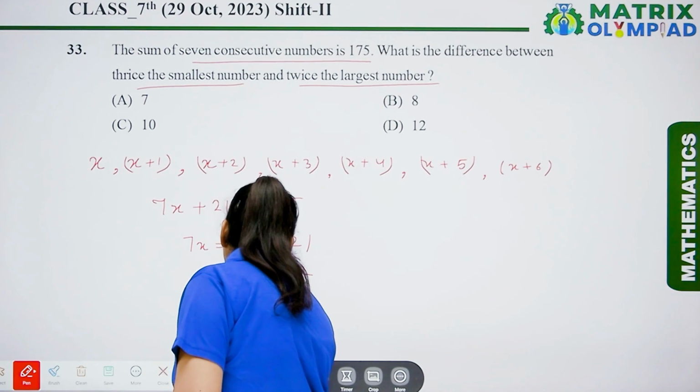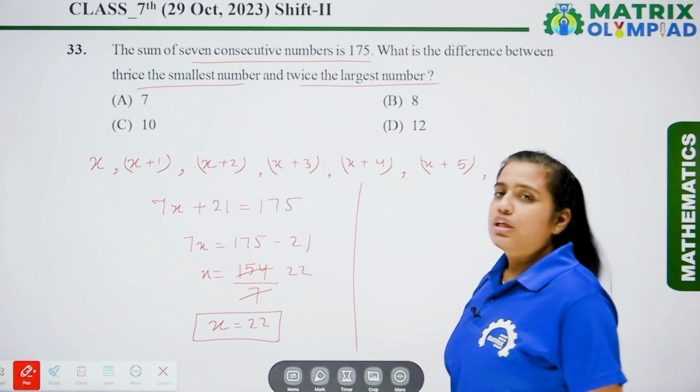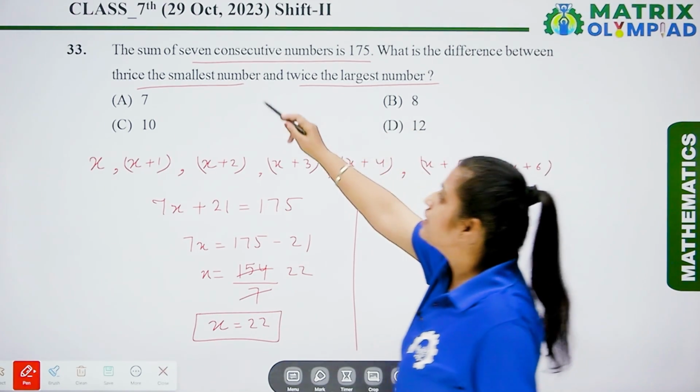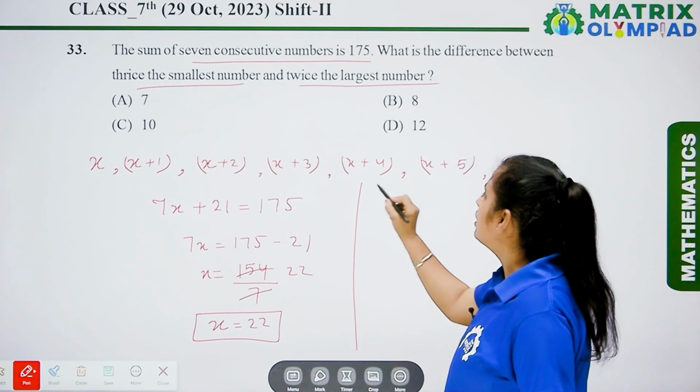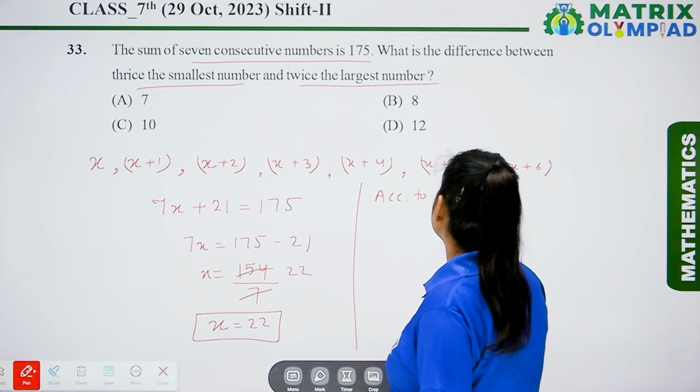So here the value of x is 22. Now we have to find out the difference between thrice the smallest number and twice the largest number. So let's find out the difference according to the question.